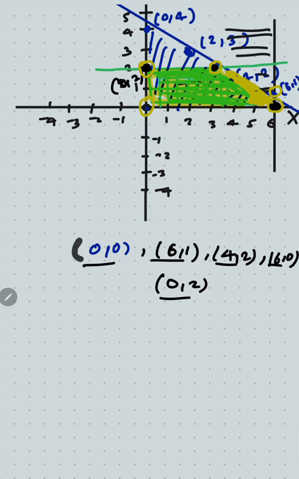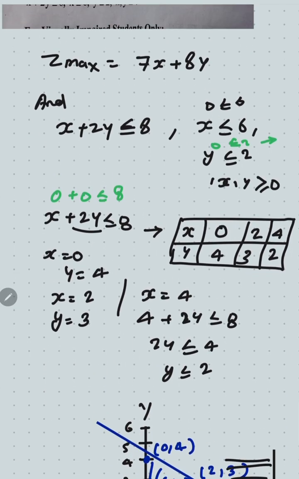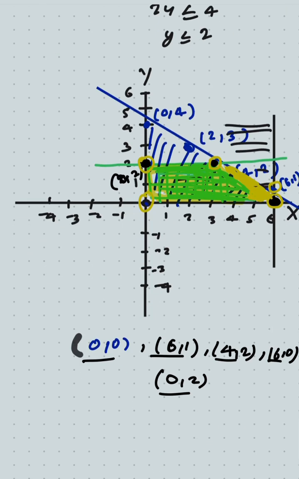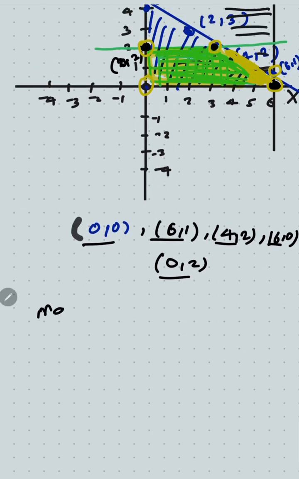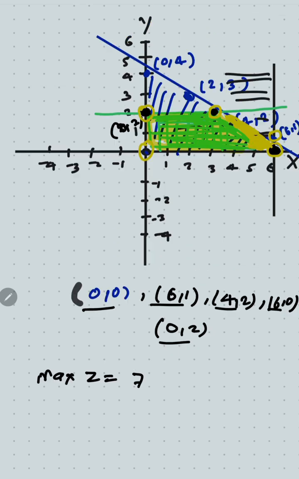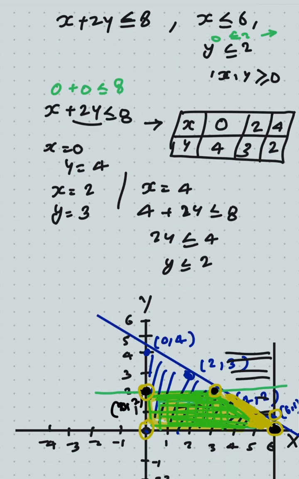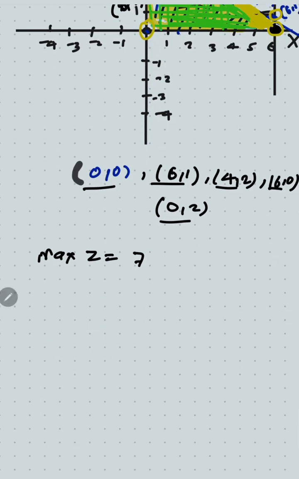Then we find the maximum problem. Maximum of z equals 7x plus 8y.